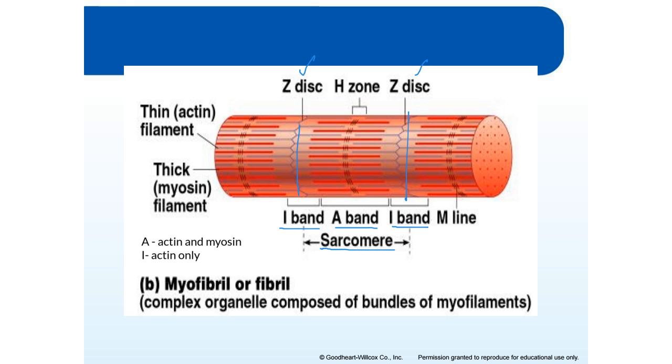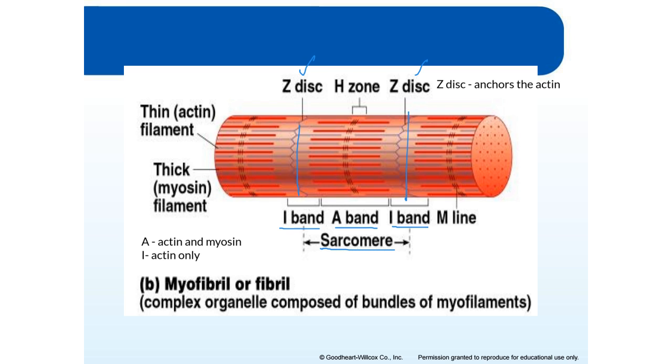The Z disc is where the actin is anchored in. The myosin is this dark red right here, and we're going to zoom in further on this in just a little bit. And then the H zone, which is in the middle, is also sometimes called the bare zone, B-A-R-E.